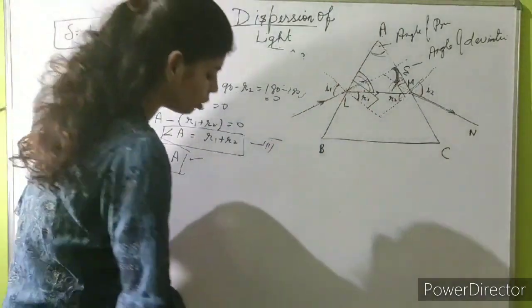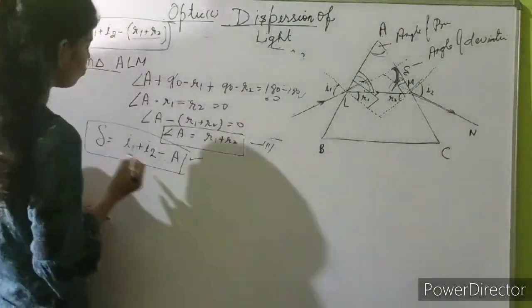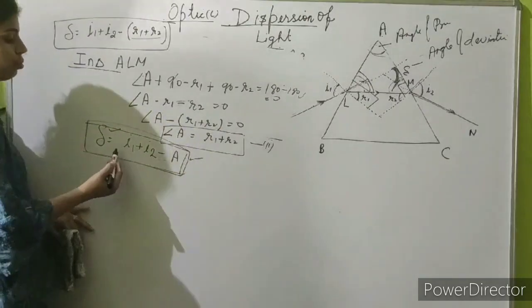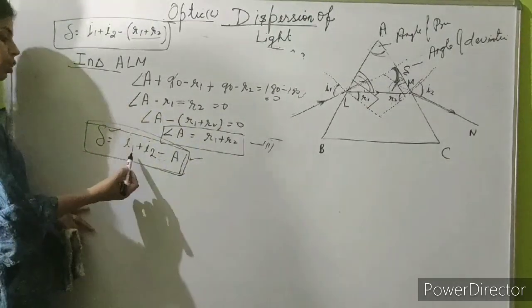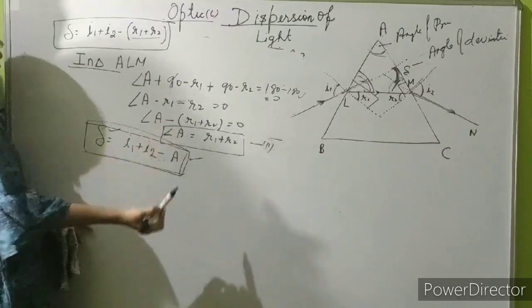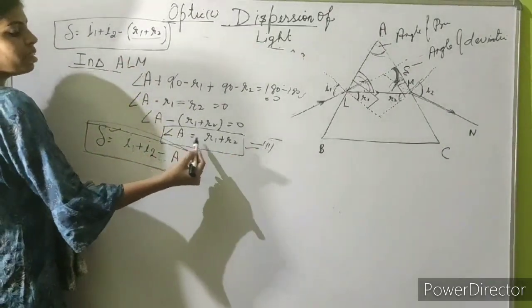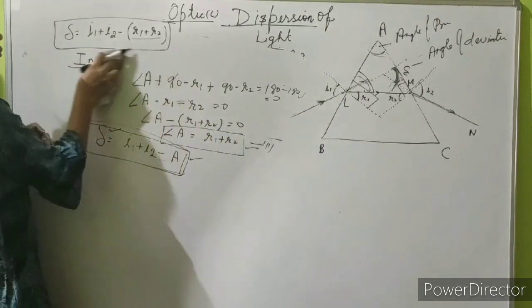So वो हमें कैसे find out करना है? तो up to now we have found the angle of deviation, and the formula for the angle of deviation is equal to I1 plus I2 minus A. So let us note these results: the angle of prism A is equal to R1 plus R2.